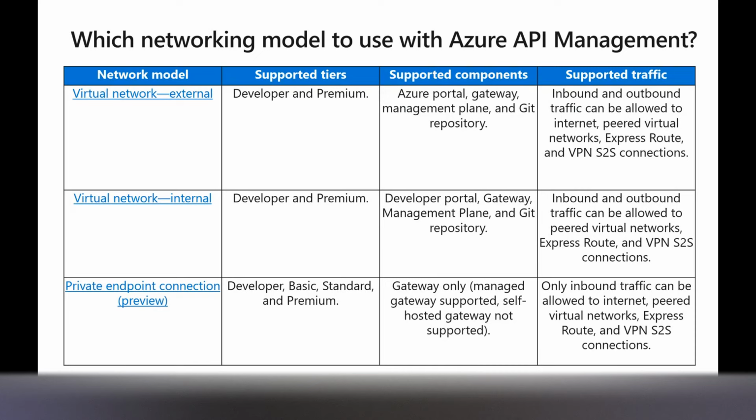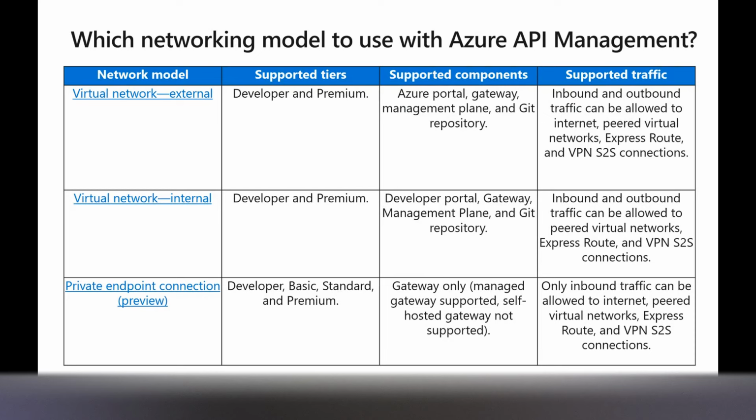Second one, VNet internal. This is the model where you inject an APIM instance inside the VNet, with no public internet and no public IP, only a private address. I shouldn't say private endpoint, only a private address. You can call it through that private address, and you have to set up your DNS and all that stuff.